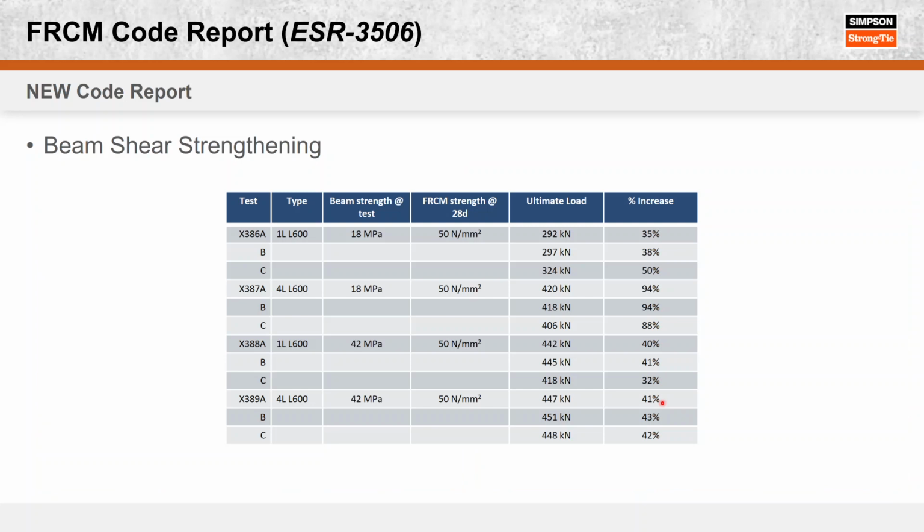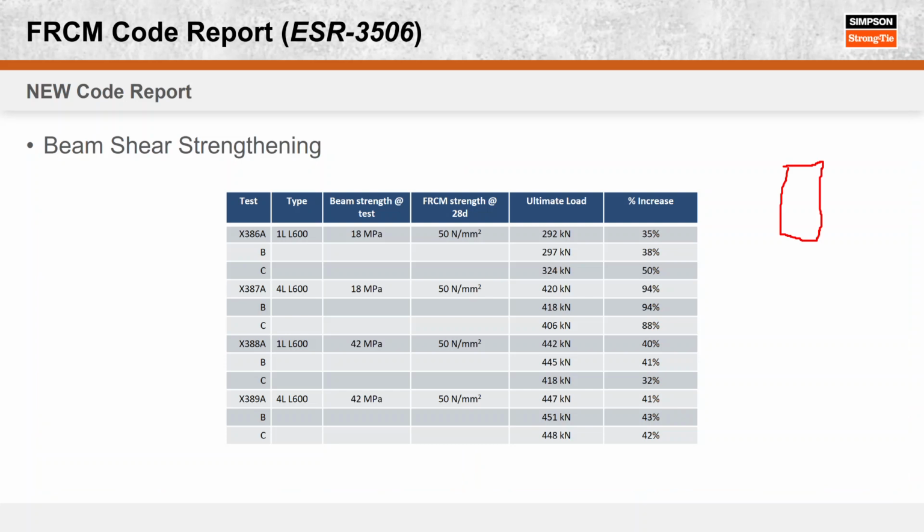So one thing to mention here is, in the design calculations, we are not able to use the extra concrete thickness we're adding. And when we do 4 layers of grid, it's quite a thick extra concrete portion.